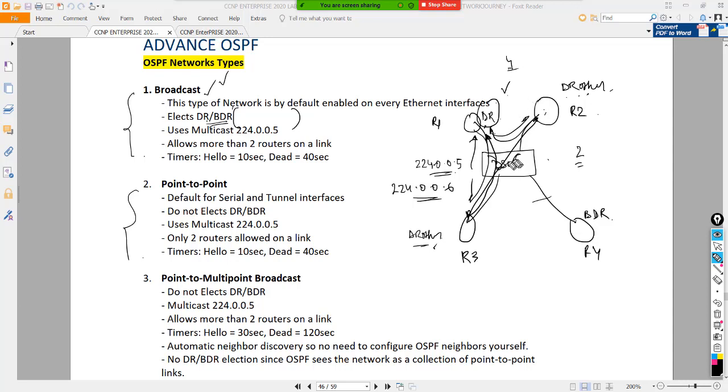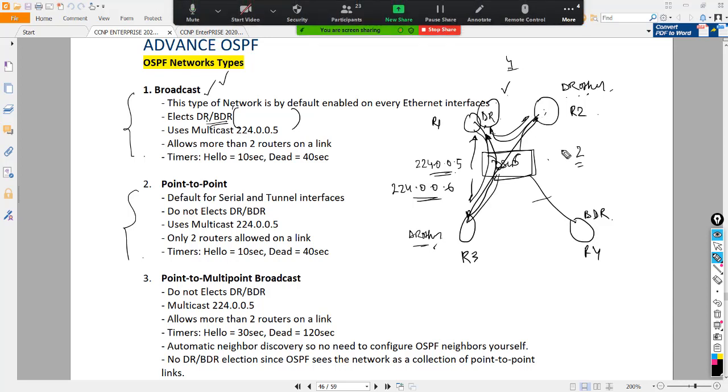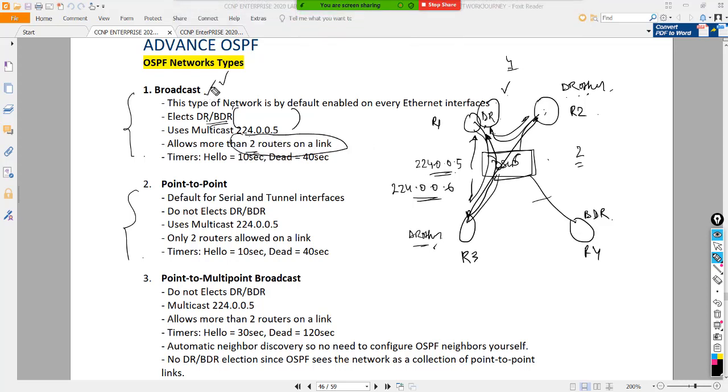When I have a switch, I can connect multiple routers. It could be more than 2, it could be 4, 5, or anything. So the routers are more than 2 in the case of broadcast network type. And regarding the timers, by default it's 10 seconds for your hello, and for your hold it's going to be 40 seconds.